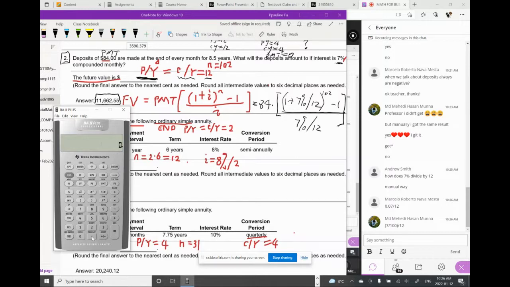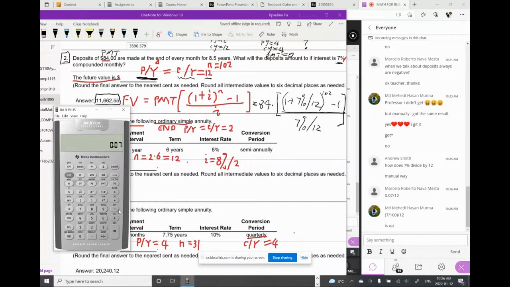Now if I do 0.07 divided by, where is my divide button? Divide 12, equals, I get 0.0058. Okay.